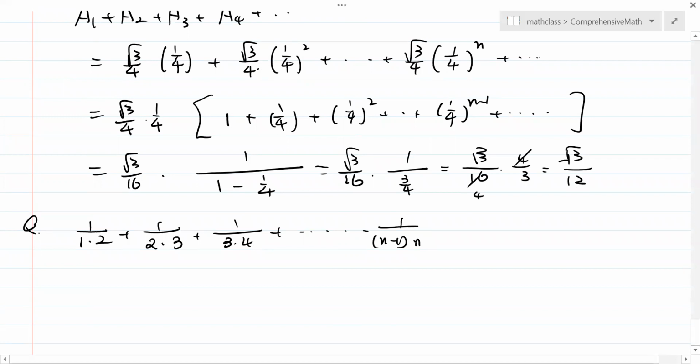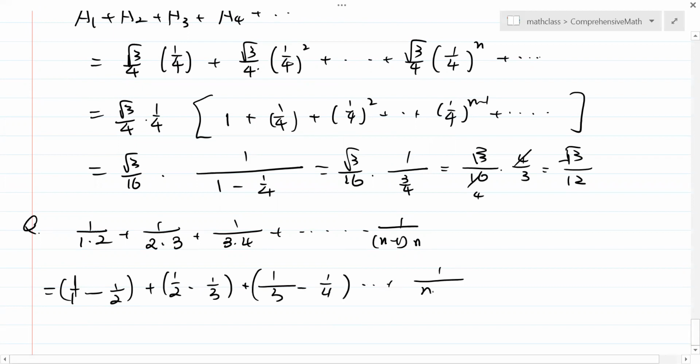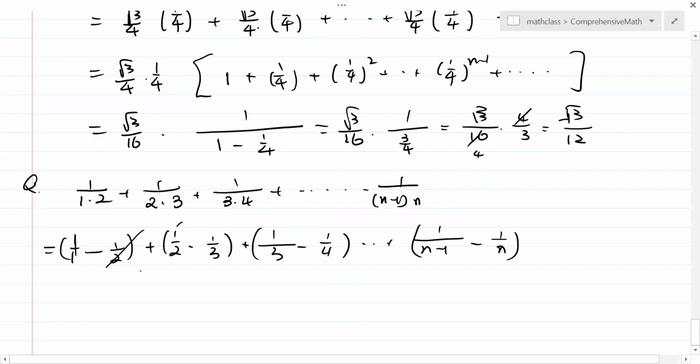Do you still remember how to get a sum? What you do is you separate each term. Then you remove the parenthesis. Once you remove the parenthesis, those two will cancel, all the terms in the middle cancel out. It's 1 over 1 minus n.